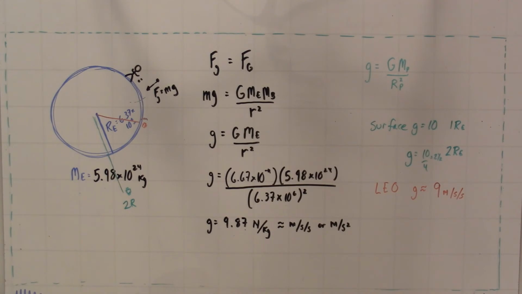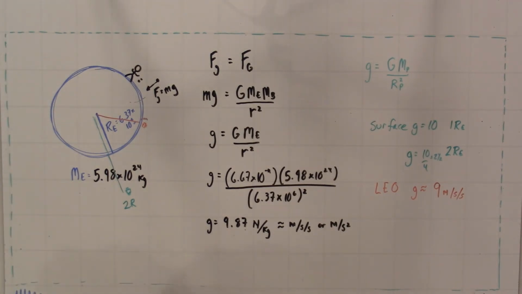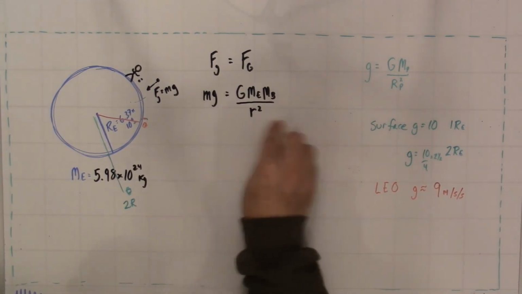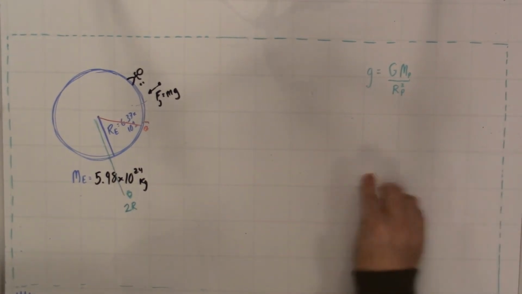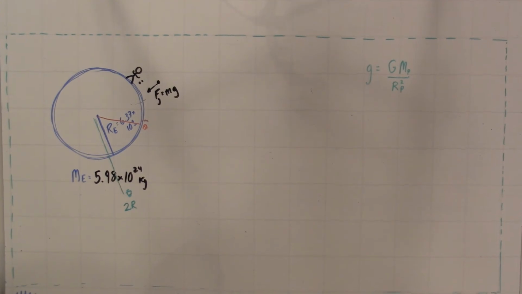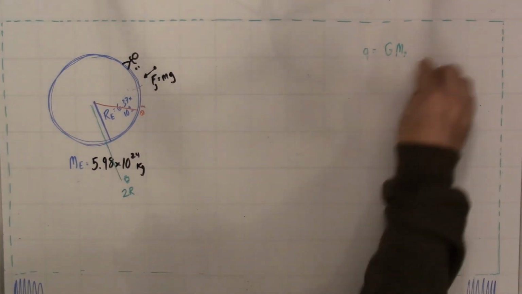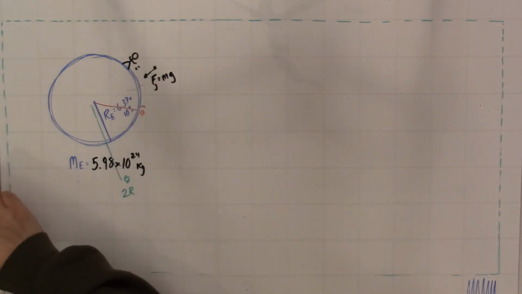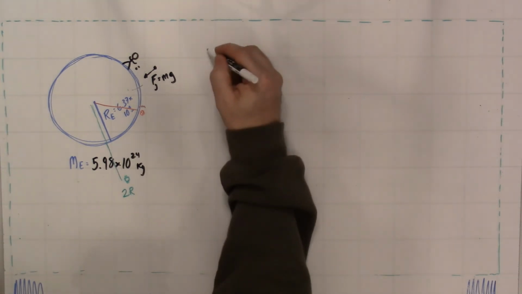How does this manifest on a test question? Oftentimes it'll say, oh, well, now you have found yourself on a new planet, and what it does is it gives you a comparison. So let's talk about this new planet.